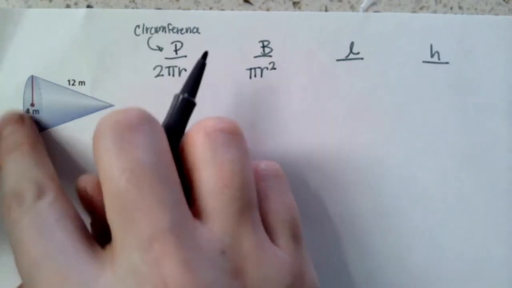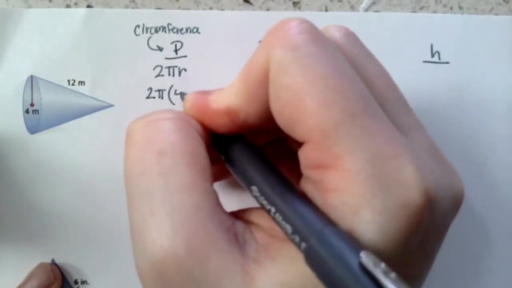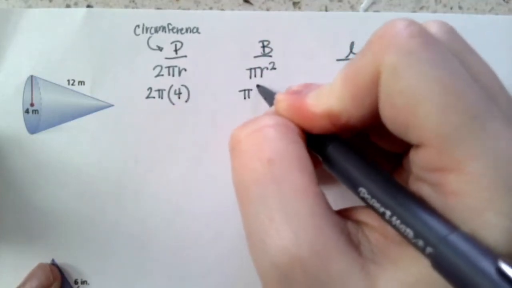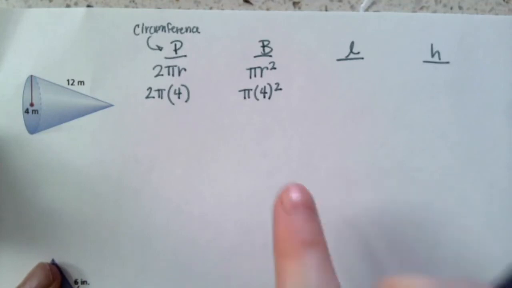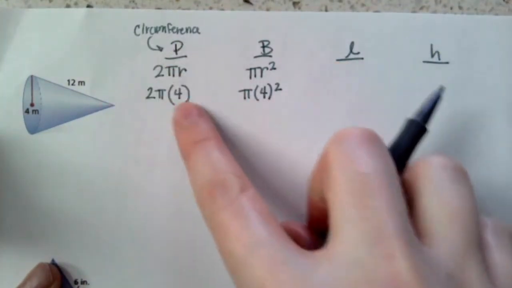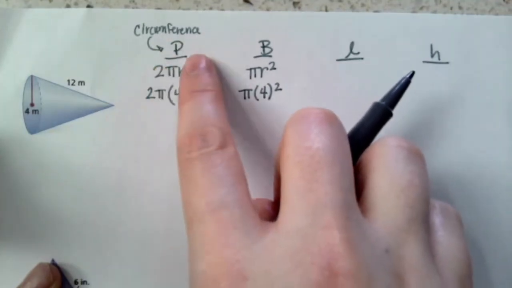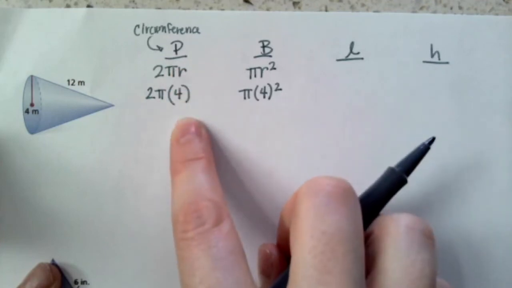It's nice because in this base we're actually given r, so we can set this up like this. I'm not going to solve for everything yet because I'm going to have you finish this one out, but this is how we would set up. And we just have to remember that the perimeter of a circle is the circumference. So that's the tricky part there.